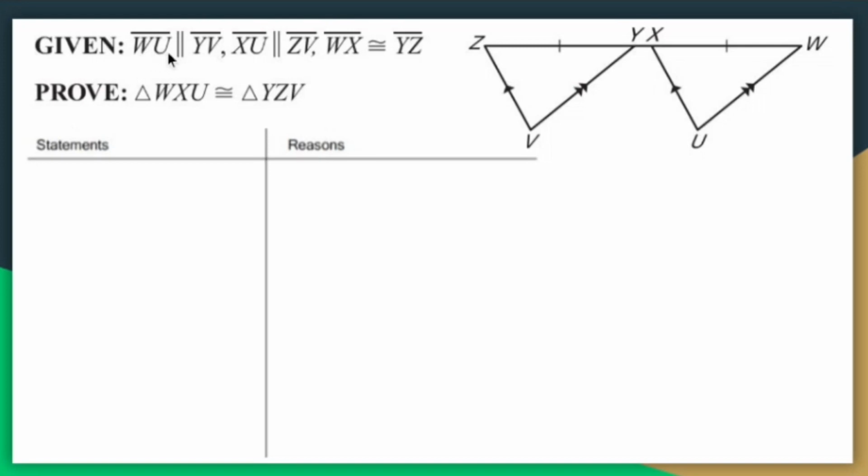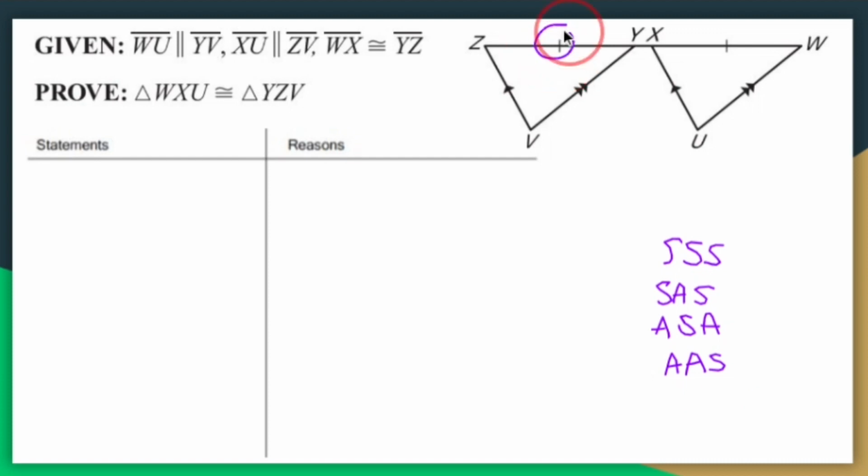Given WU is parallel to YV, XU is parallel to ZV, and WX is congruent to YZ, prove these two guys are congruent. All right, so these are my congruency rules: SSS, SAS, ASA, and AAS.